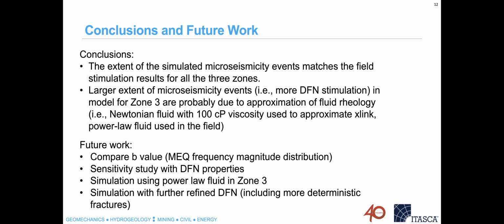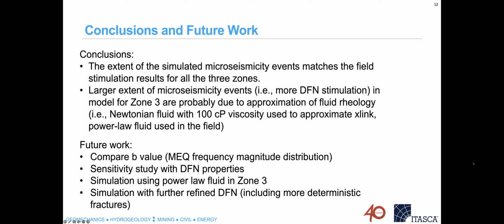For our next future work, first we will compare the b value between simulation and stimulation. The b value is roughly what you get when you plot the frequency magnitude distribution. We will also do simulation studies with different properties, because now we only have two ends of different properties. One is very permeable and weak, another is very strong and impermeable.